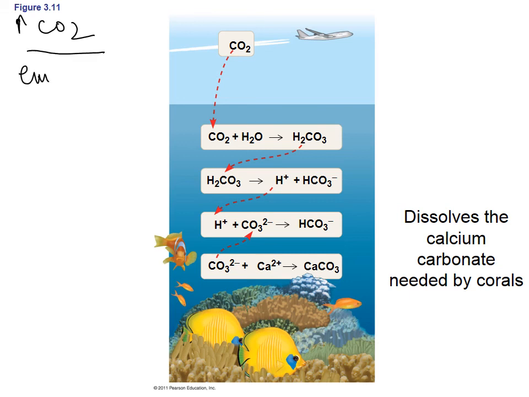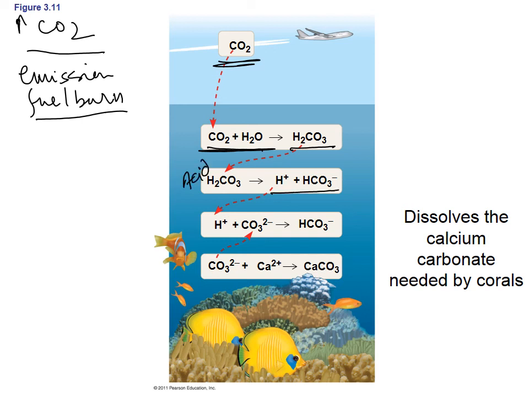Because of emissions and fossil fuel burn. So a lot of carbon dioxide is present in the atmosphere. What does it do? It combines with water and forms H2CO3. And this H2CO3 is an acid, right? It dissociates into H plus and HCO3 minus.